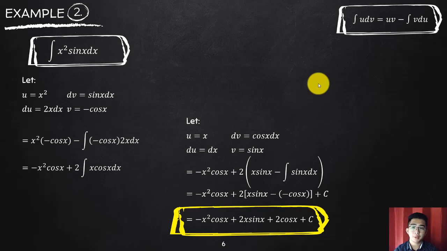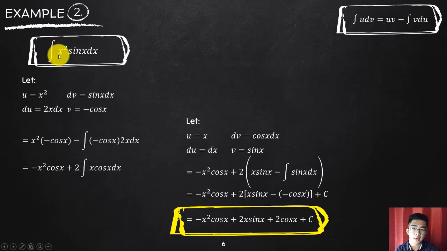If we recall example number 1, when we chose the exponential function as u, when we differentiated it, the exponential function was still there, e raised to x. Here, if you choose the trigonometric function sine x as your u, if you differentiate sine x, it becomes cosine x. Therefore, the trigonometric function will not disappear.